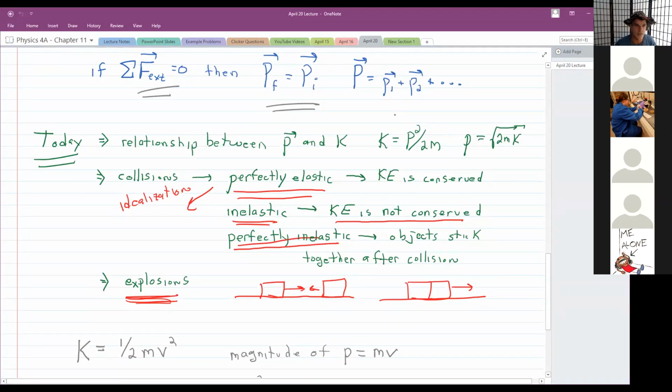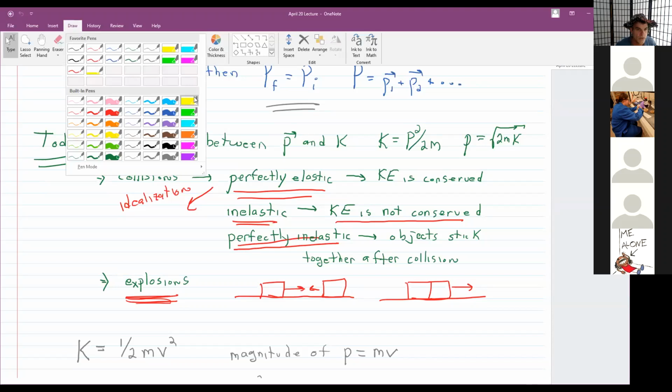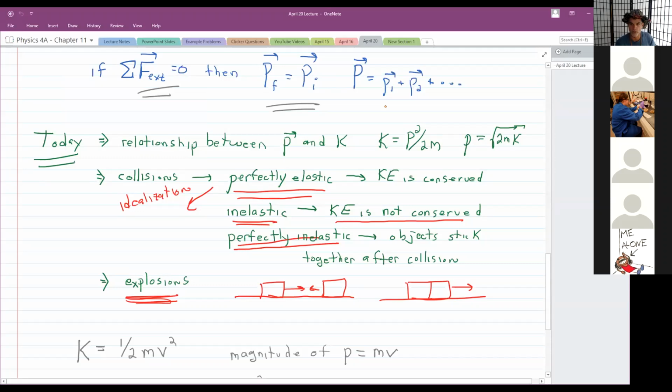So the relationships are, let's use orange: kinetic energy is equal to momentum squared divided by 2 times the mass. Momentum is equal to the square root of 2mK. I mention this because it will be useful in Physics 4B. You'll use this equation quite often.